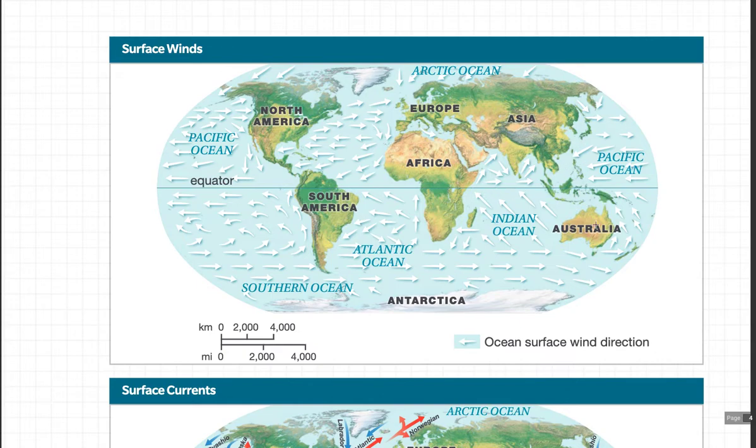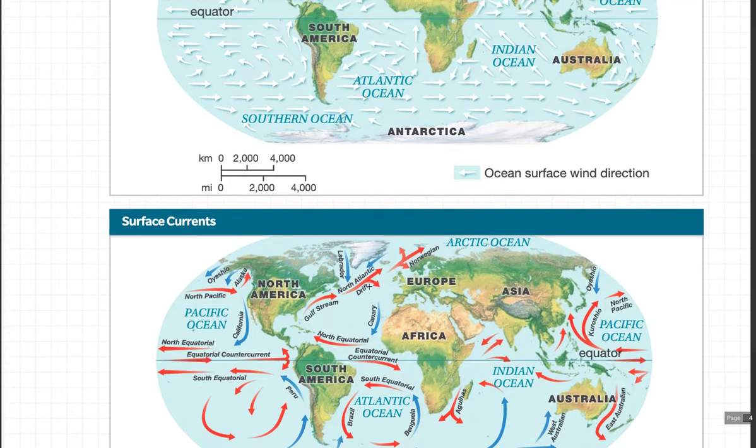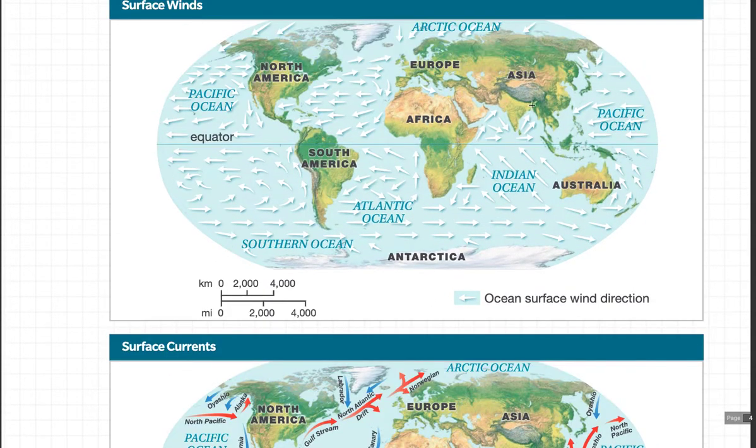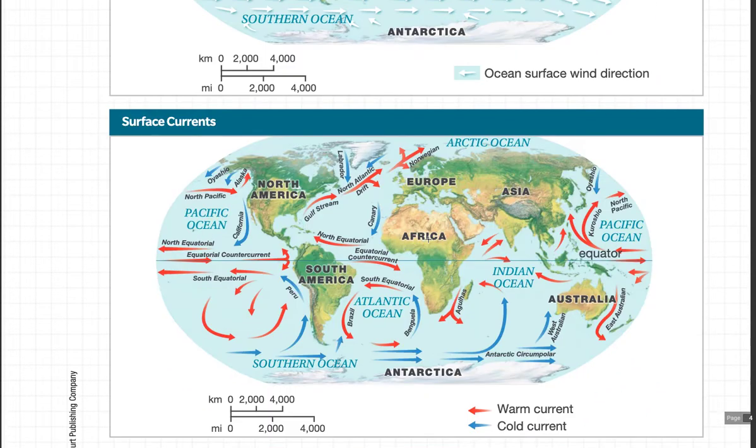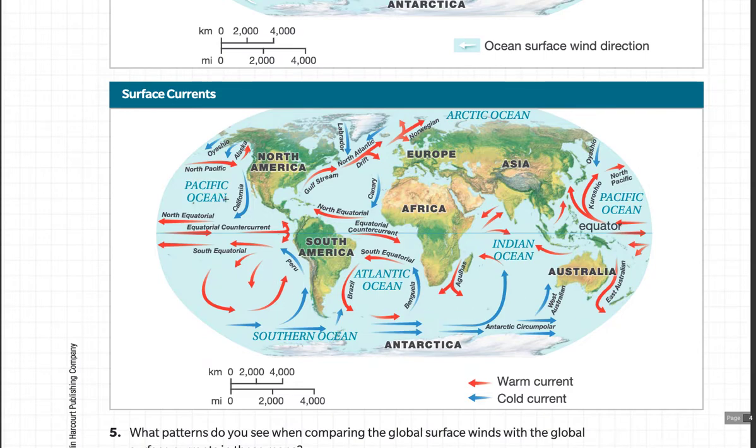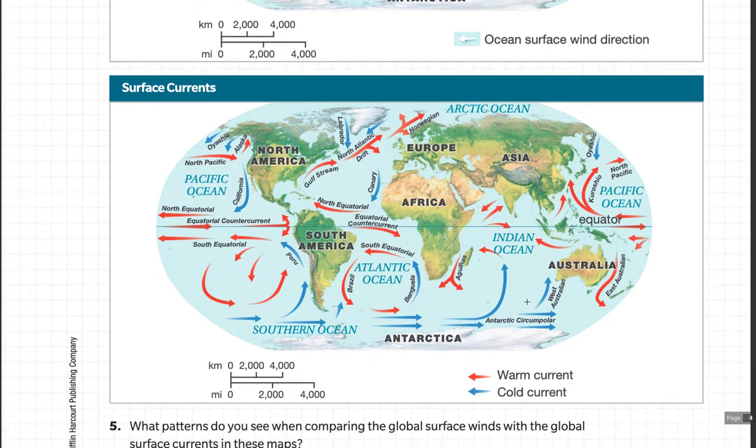That's because, just like with wind moving around cars and signs and trees, all this landmass will cause the wind to change and move around a little bit, in comparison to the ocean when there's nothing stopping it in its way. But if you compare this and this, you'll find that there's a lot of similarities in how the wind is moving and how the ocean currents move.